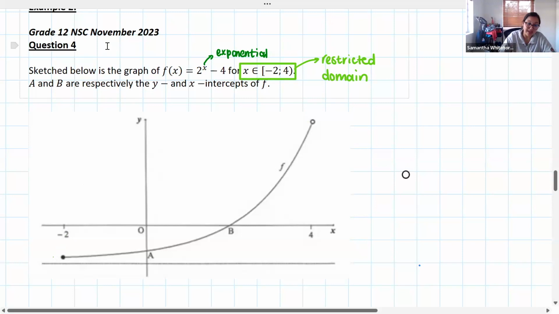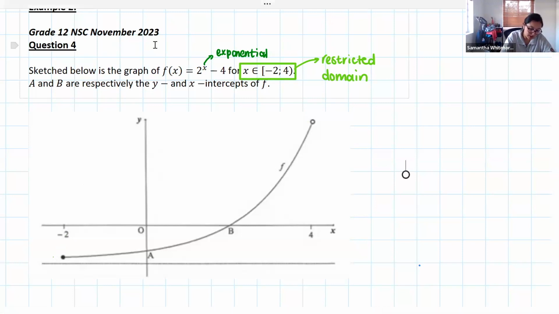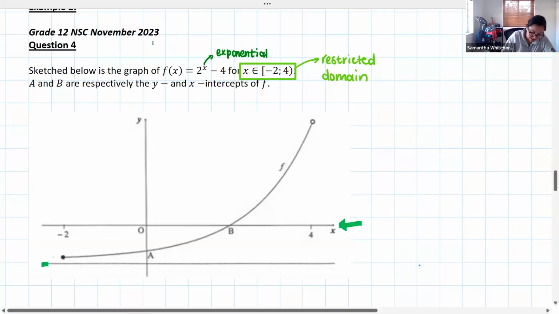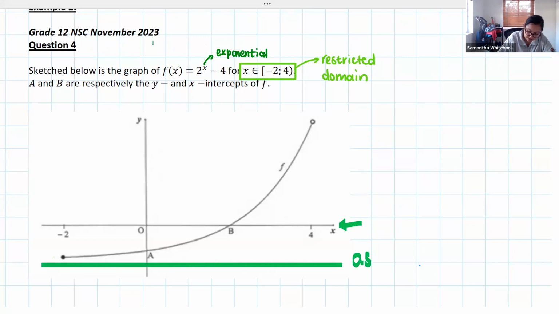If we now go to the actual graph, what I want you to take note of is that here's my x-axis and here's a dotted line down at the bottom. What that means is that we have an asymptote. If we have an asymptote, our graph has shifted either up or down, and in this case, it's a shift down.